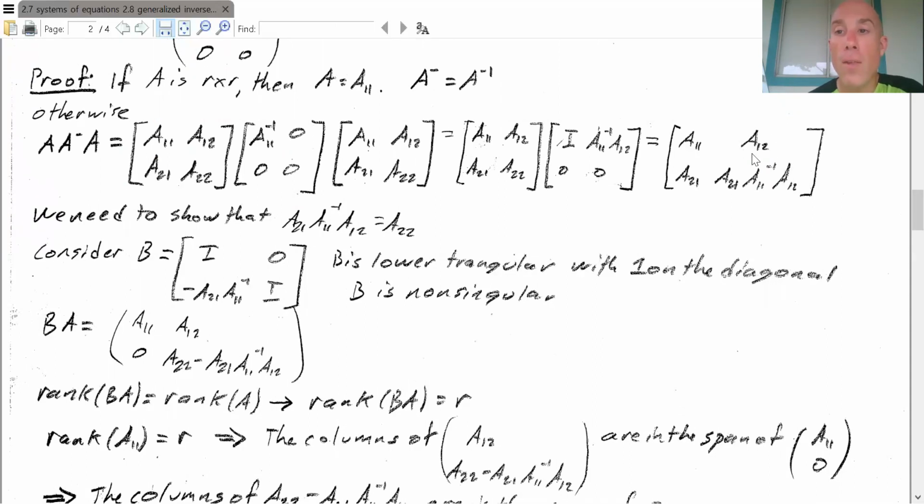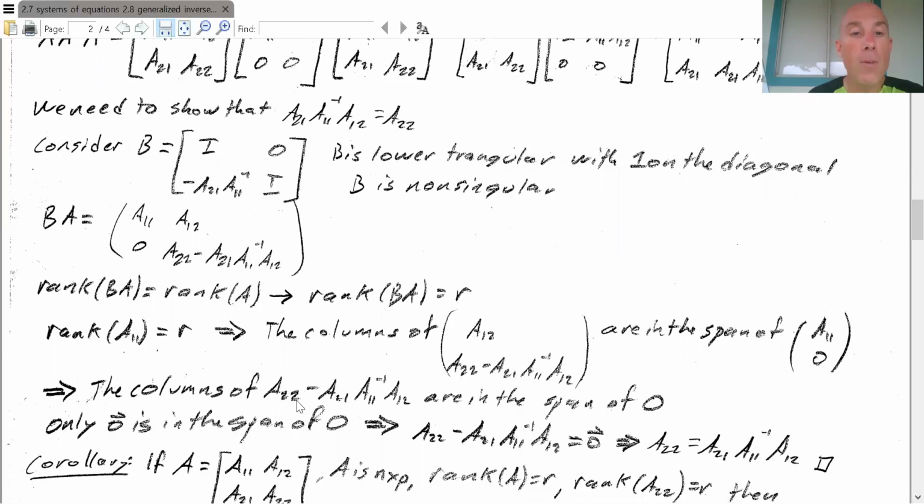So we know that this A12 has to be in the span of A11, and adding additional rows doesn't increase my span. All right, so it works out that this has to be in the span of that. Now, why do I have the 0 here? Because we've already established that this doesn't add anything to the span. So I'm just putting in a 0 because I know that doesn't add anything to the span because of the assumptions in the proof.